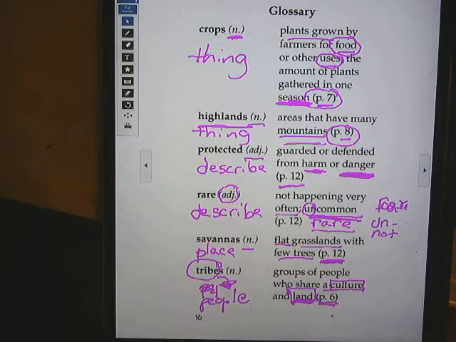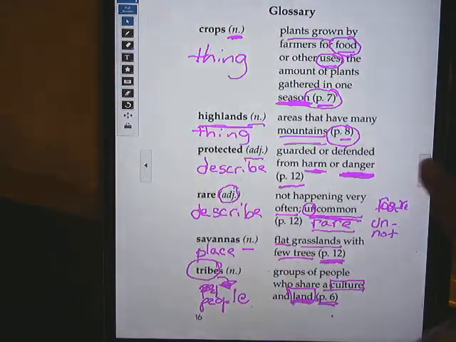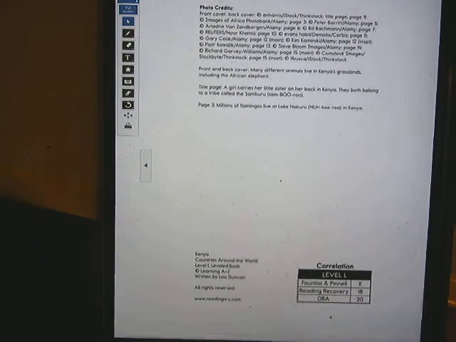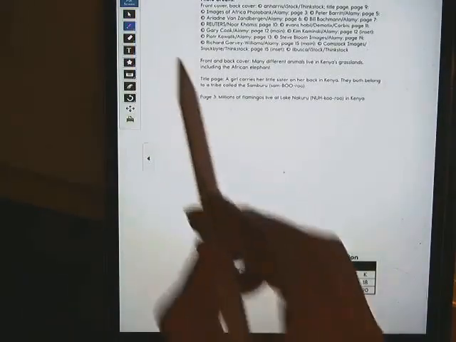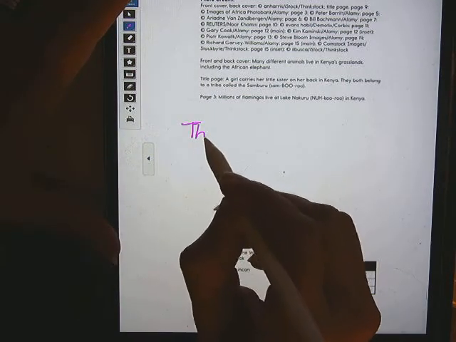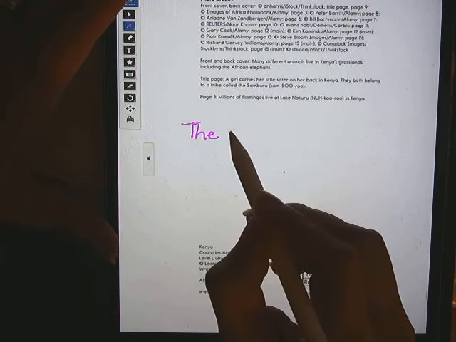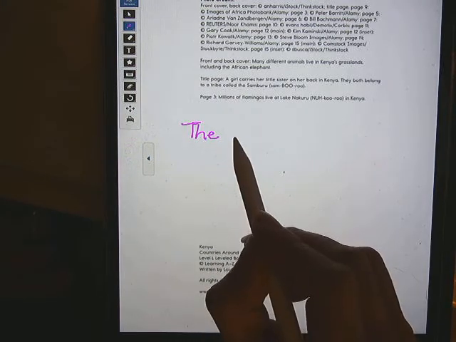So what I want you to do is jot down on a piece of paper. See if this is working now. And you're going to take a picture of it and send it to me so I know, because this is going to be for a grade.